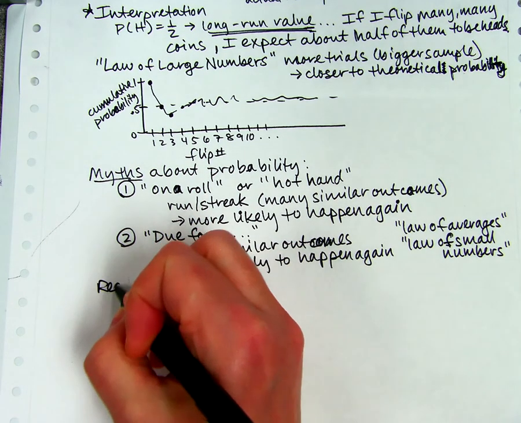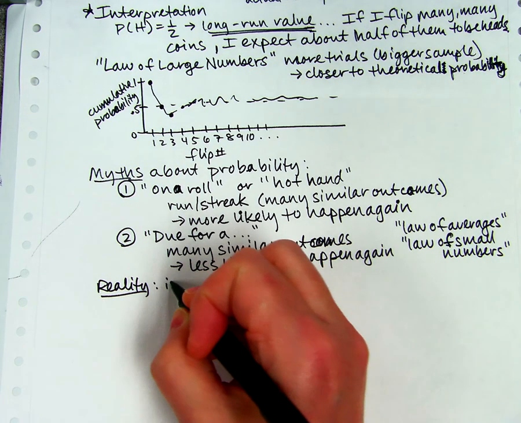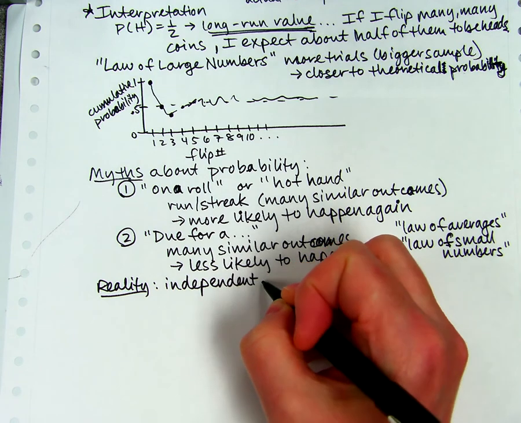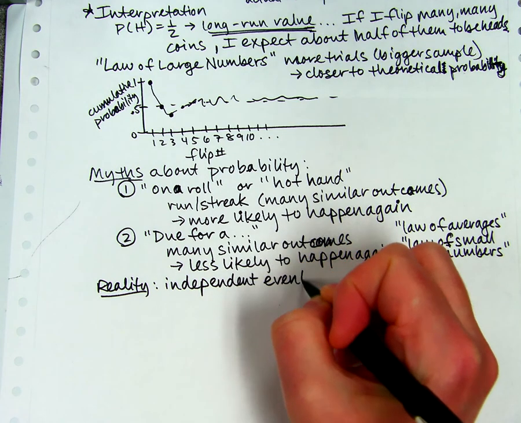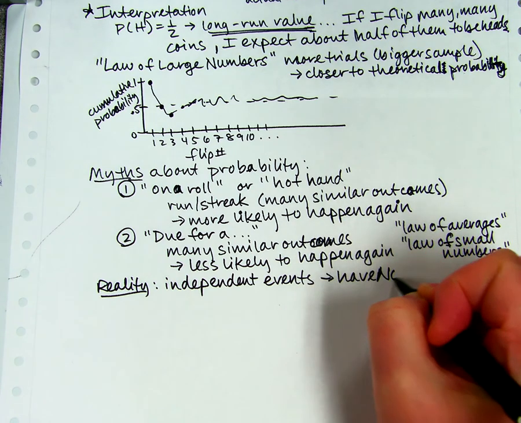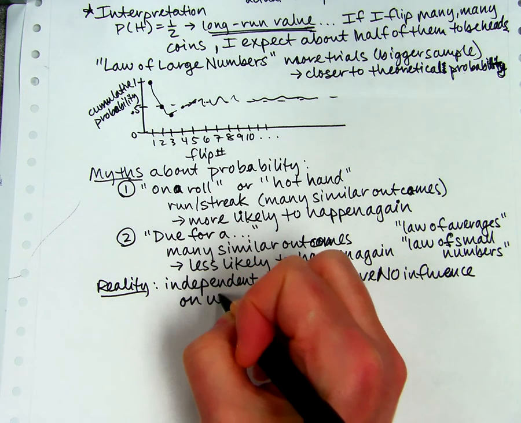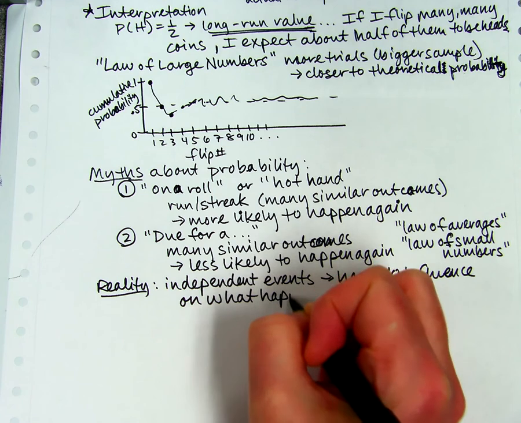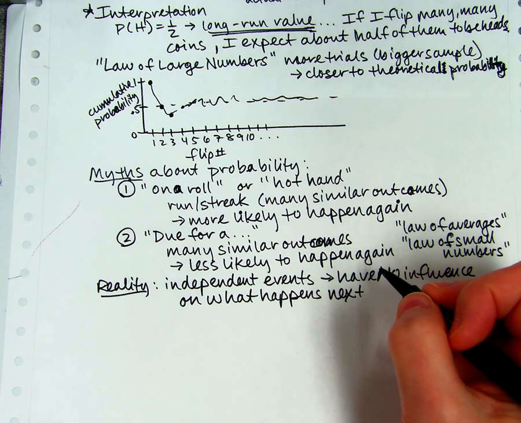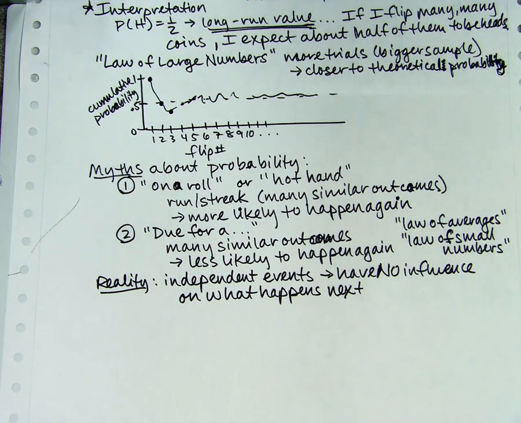And the reality is that if you have independent events, which we're going to talk a lot about this chapter, independent events like coins or dice or things like that that don't depend on each other, they have no influence on what happens next. That means that what happened before does not affect what is going to happen.